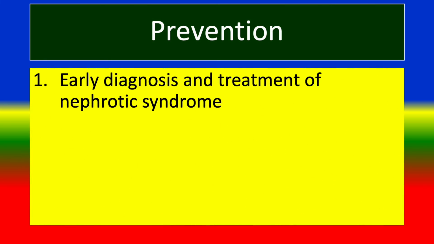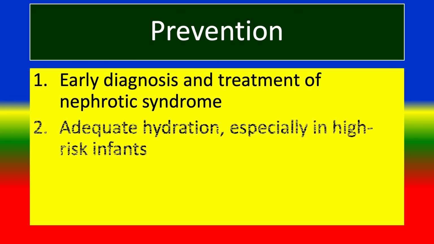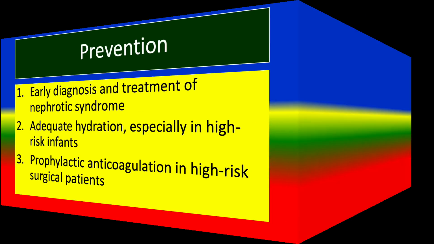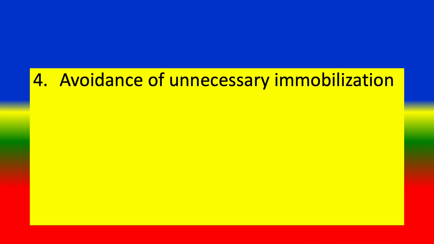Prevention: 1. Early diagnosis and treatment of nephrotic syndrome. 2. Adequate hydration, especially in high risk infants. 3. Prophylactic anticoagulants in high risk surgical patients. 4.